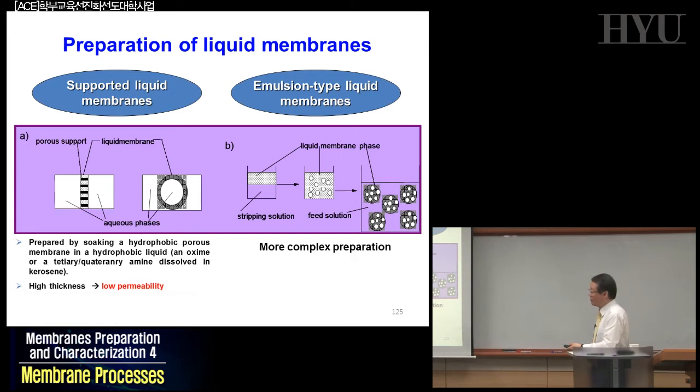So membrane terminology could be applied to the one that contains a solid membrane. If you have only a 100% liquid membrane, we do not publish the paper. Rather, we recommend they submit it to Separation and Purification Technology or Separation Science and Technology and so on.